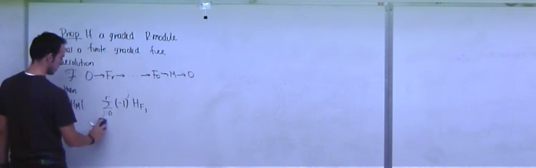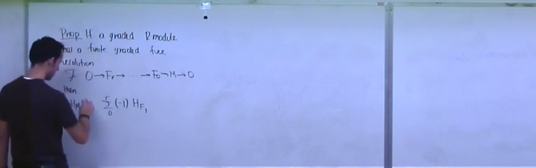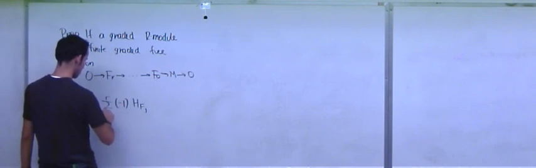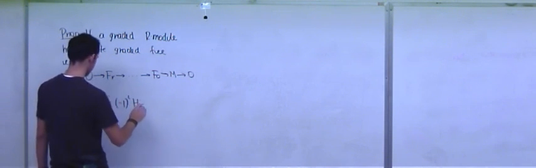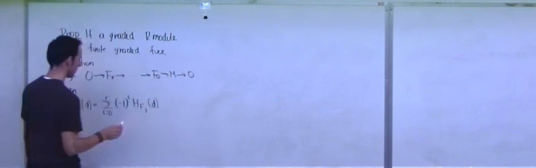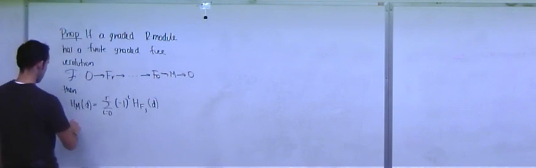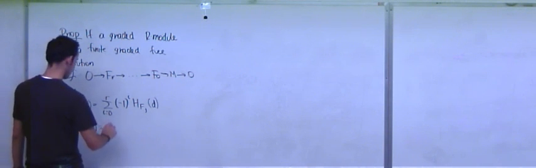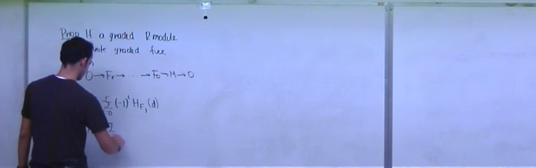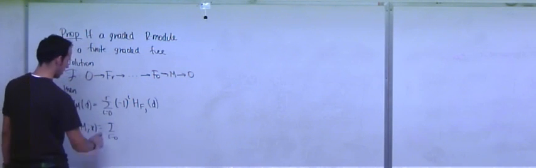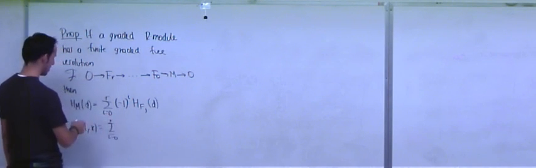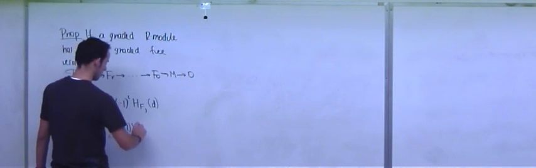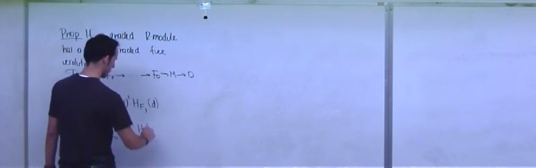Let's do this. So basically, if you have a free resolution of M, then the Hilbert function and the Hilbert series of M is given by the alternating sum of those of your free modules.